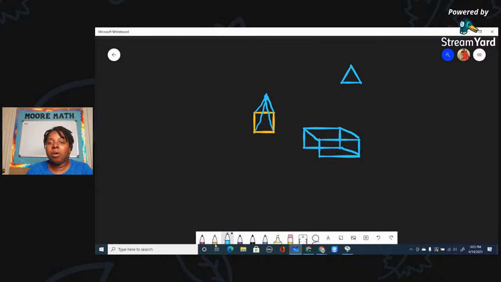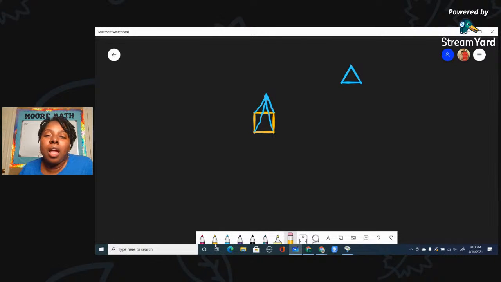The base might change. The base might be a triangle or a square, but all of the faces are rectangles.